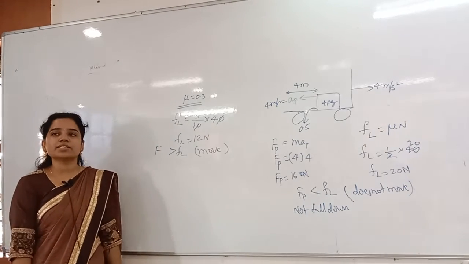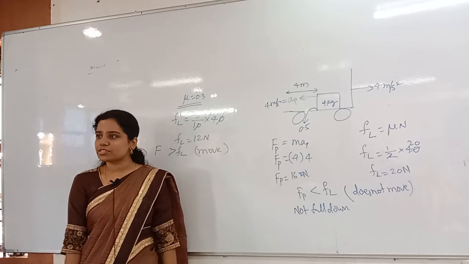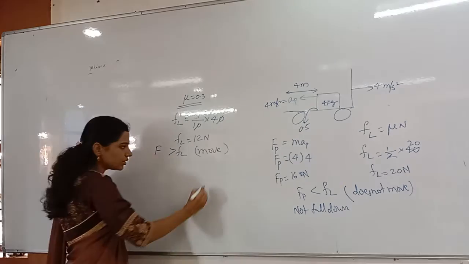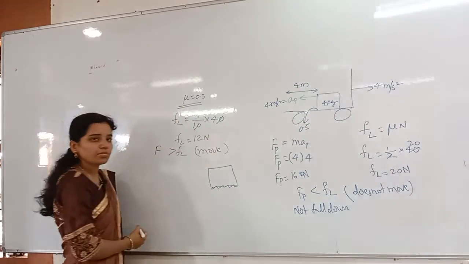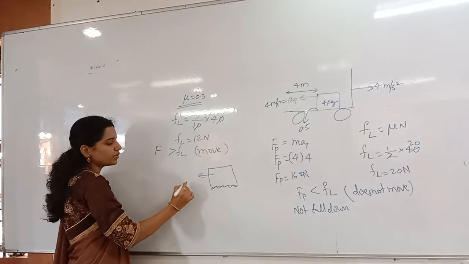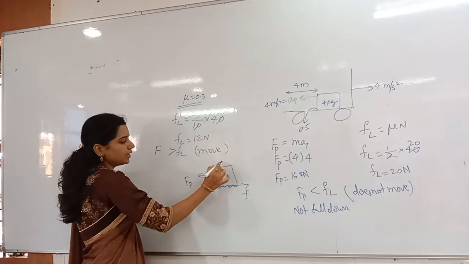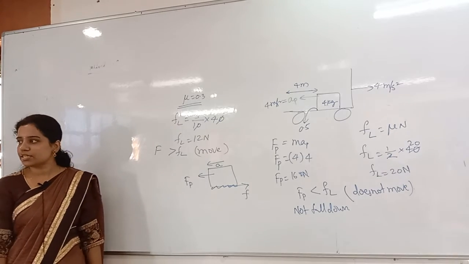It is moving with what acceleration? Do you think that is 4 meter per second square? That is only the pseudo acceleration. See, if I draw the free body diagram again, here what is happening? We have pseudo force in the backward direction, friction force in the forward direction, and acceleration in this direction. Clear, you understand, right?